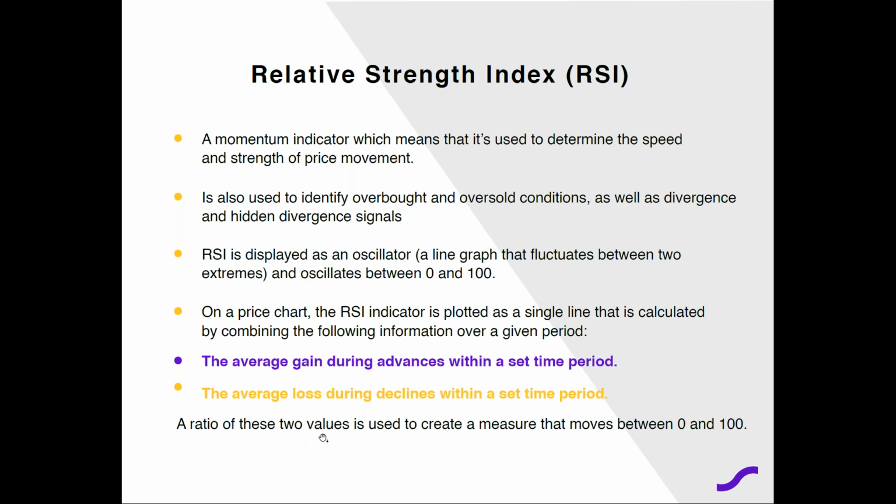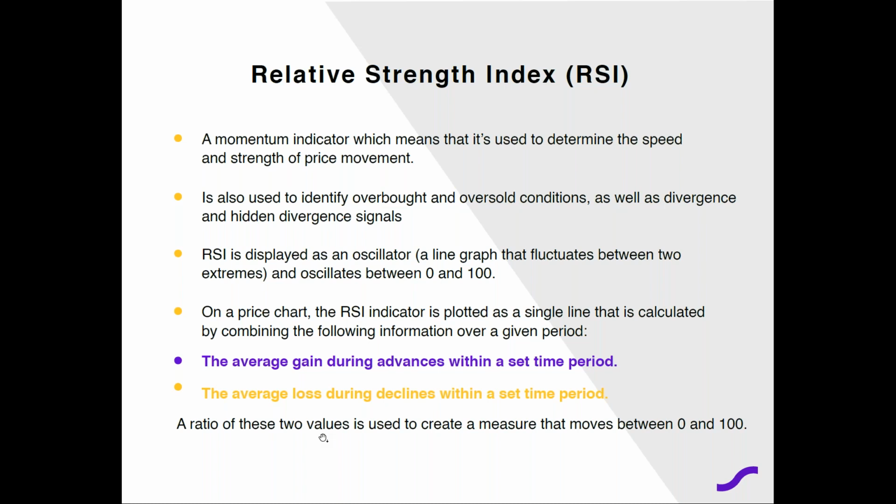So on a price chart, the RSI indicator is plotted as a single line that is calculated by combining the following information over a given period of time. To calculate the RSI, you need the average gain during advances within a set period of time and the average losses during declines within a set period of time.